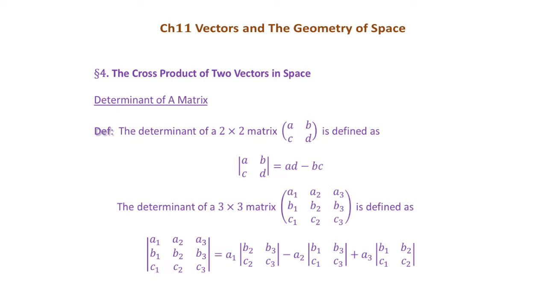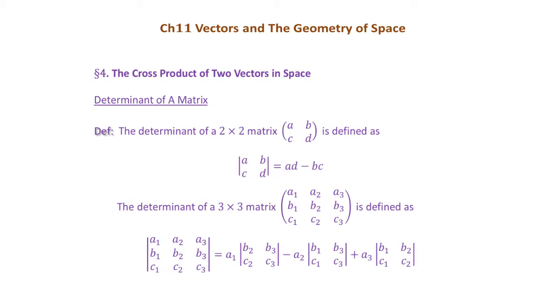So just multiply A1 by the determinant of the 2 by 2 matrix B2, B3, C2, C3 obtained from deleting the first row and the first column, which were A1's.